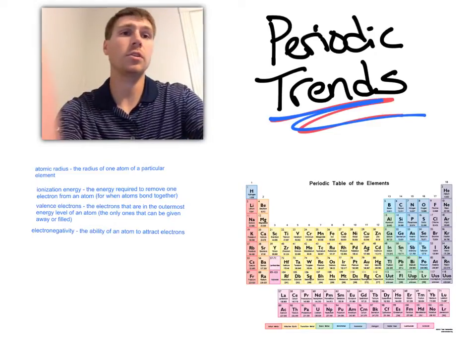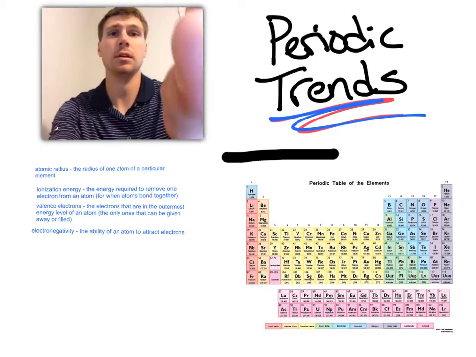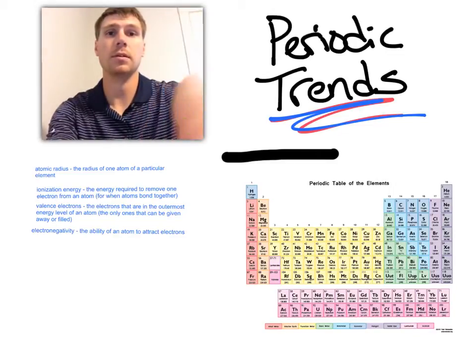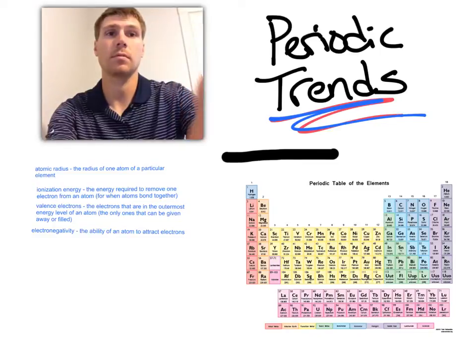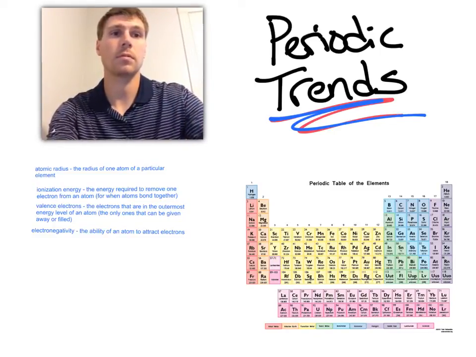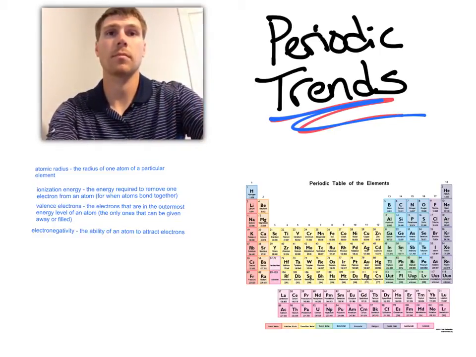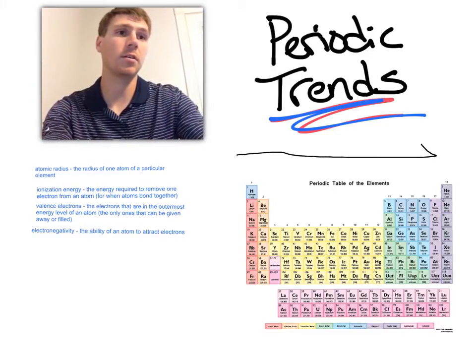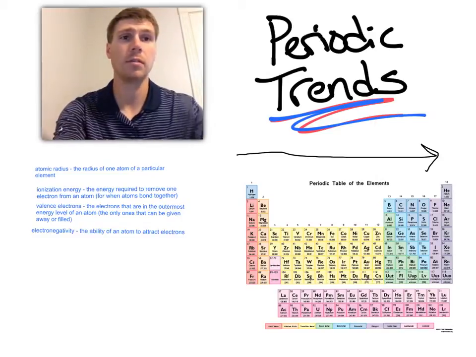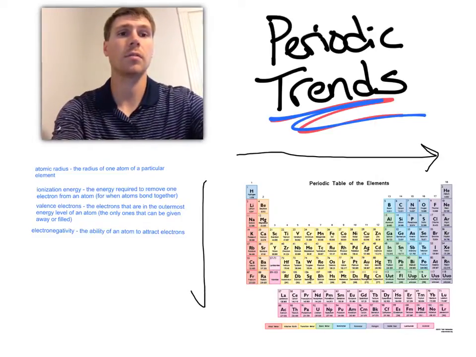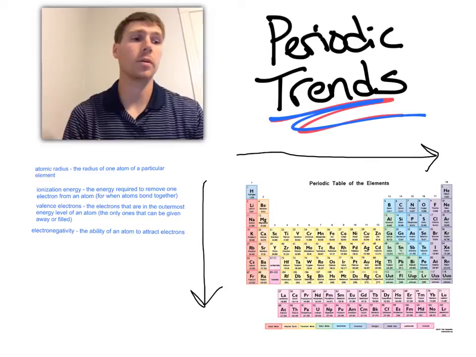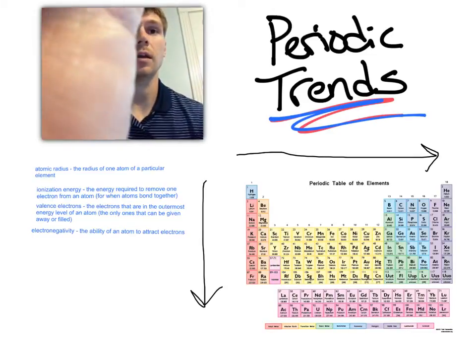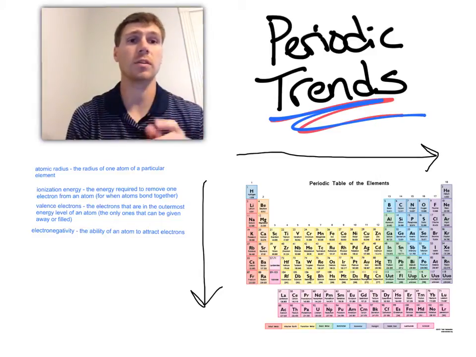What I want to show you is, we talk about trends as they go across a period and as they go down a group. So that's how we're always going to be talking about all four of these different trends. Okay, and then we'll show you what those are.